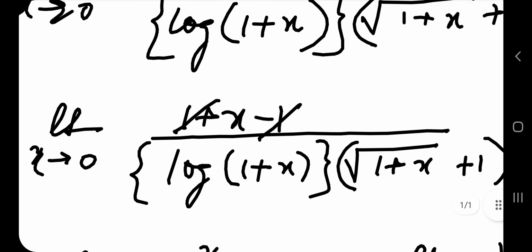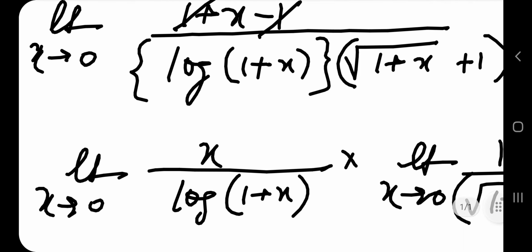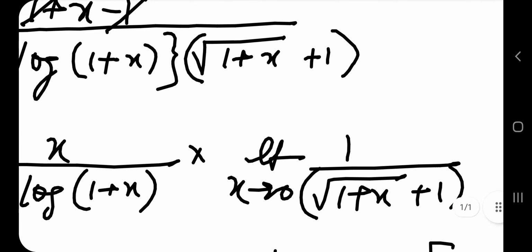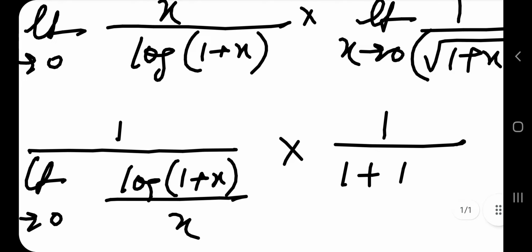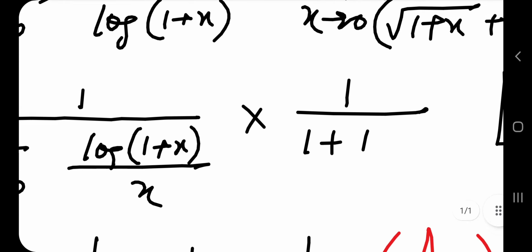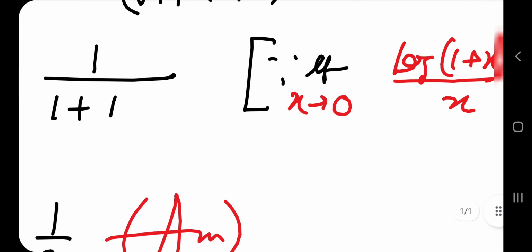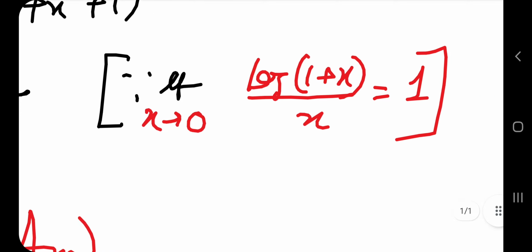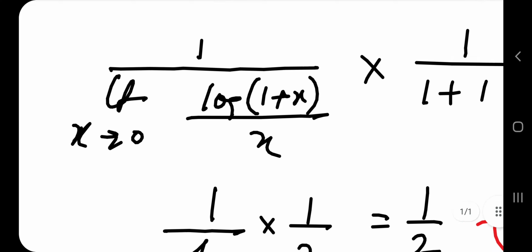If I separate out x with log(1 plus x), its limit x tends to 0, and separate this part out. Now just place the values. This you can write like 1 by, reverse of that part. This is 1 by 2. So we're getting 1 by 1 into 1 by 2. The formula is this is equal to 1. This is applicable in this part.